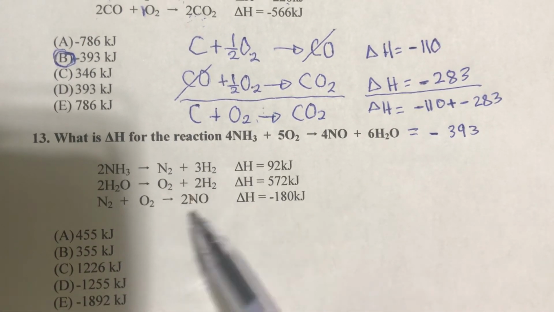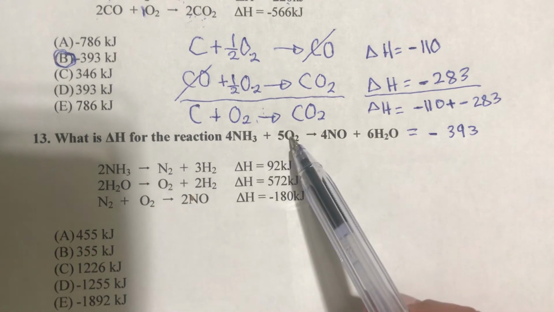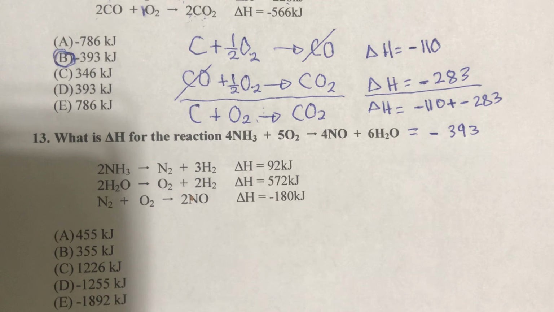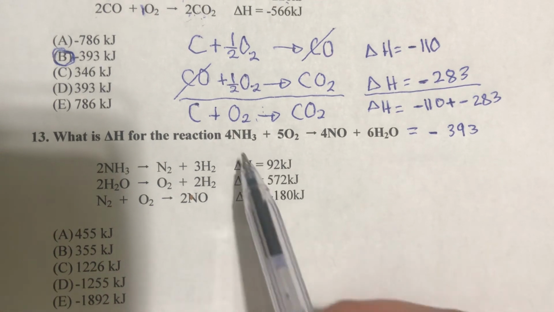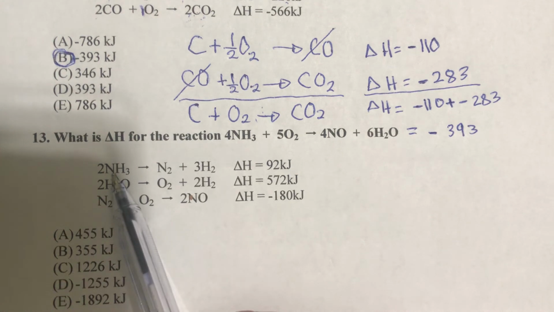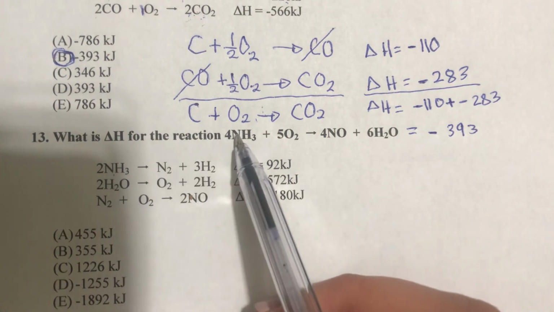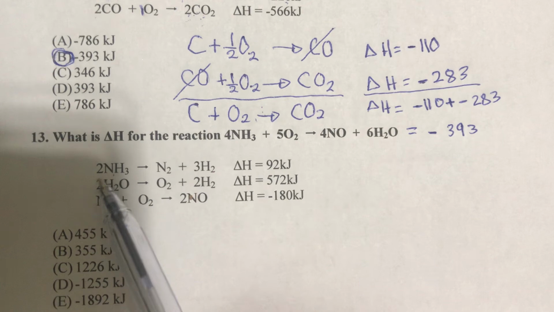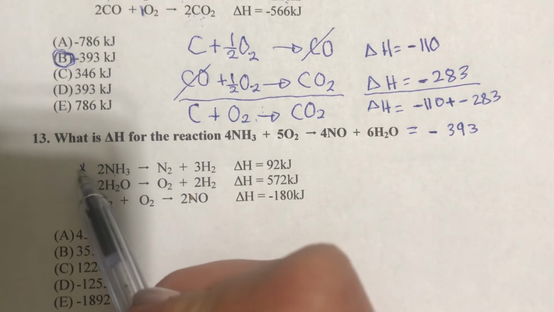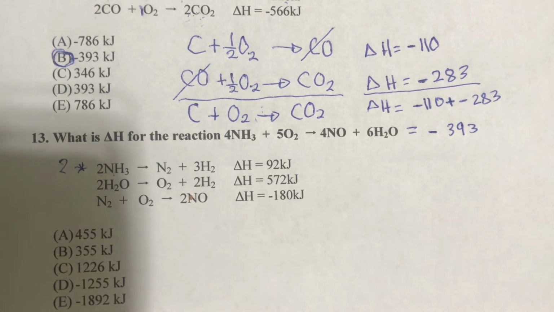You have to rearrange these reactions to get this reaction, and any change of these reactions, delta H changed. Here NH3 is in the reactant, and here NH3 in the reactant. But here you have 4 mole and here 2 mole. So the first step, you have to multiply this equation by 2.